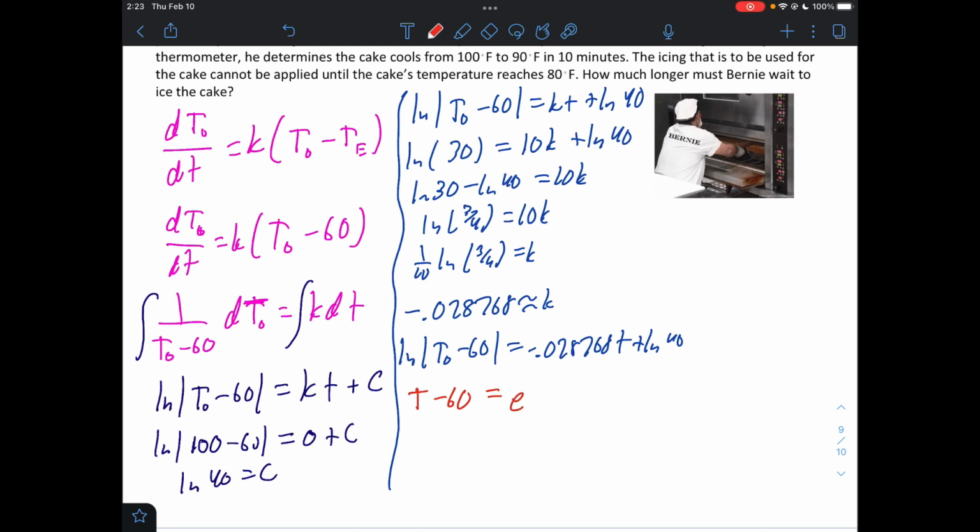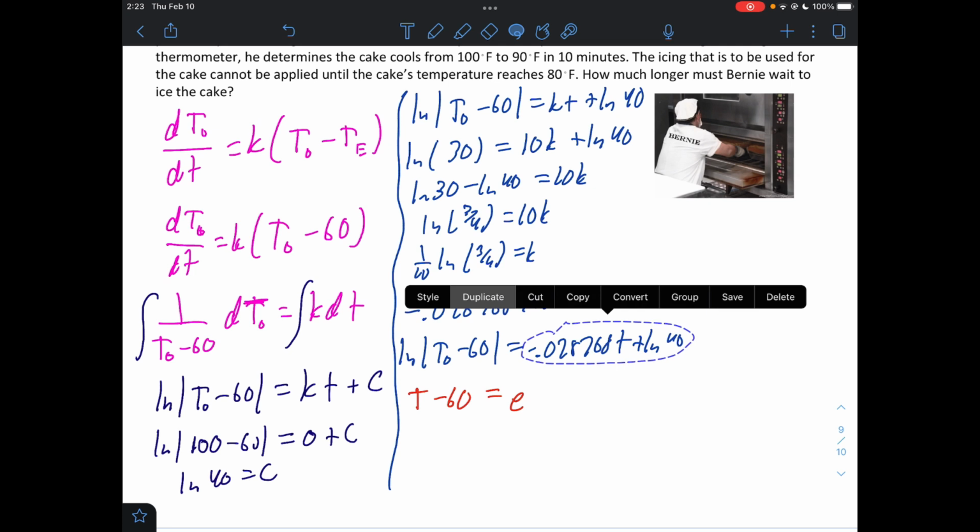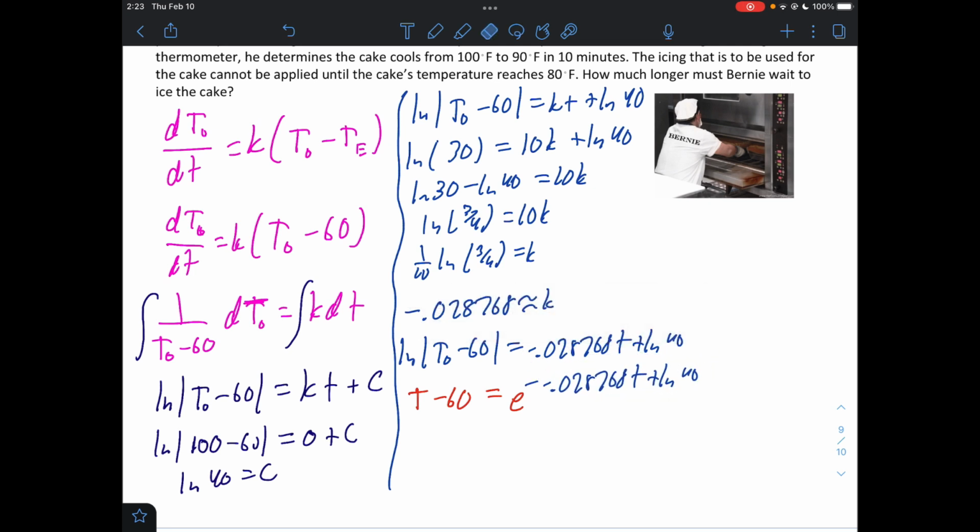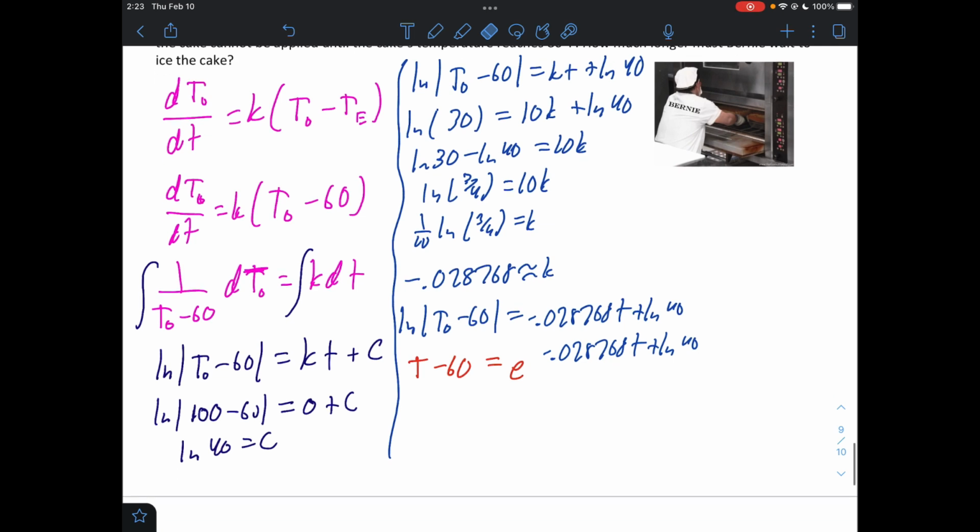And we have e to this whole power. It's a lot there. If we add 60 over, we get T equals this whole thing plus 60.